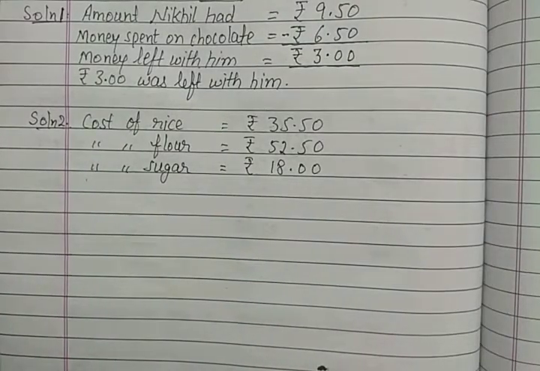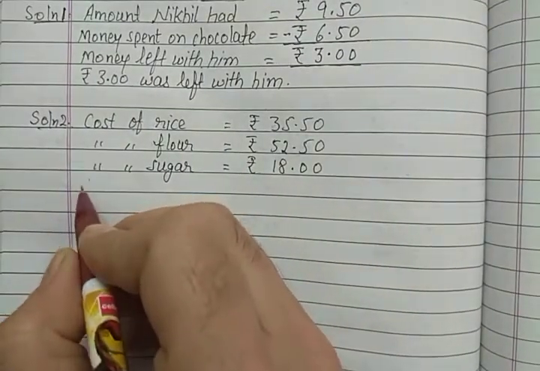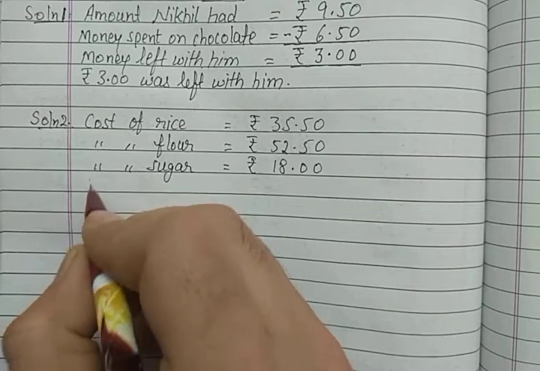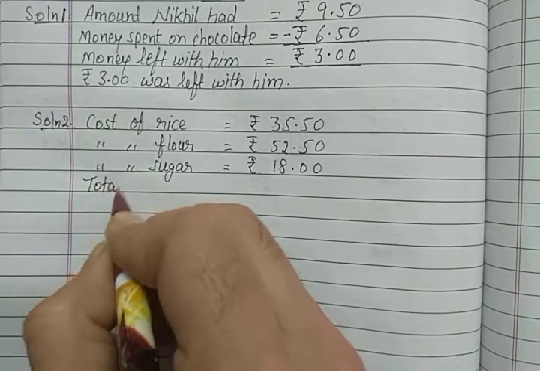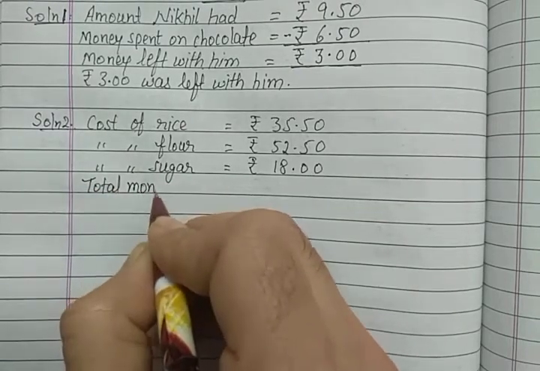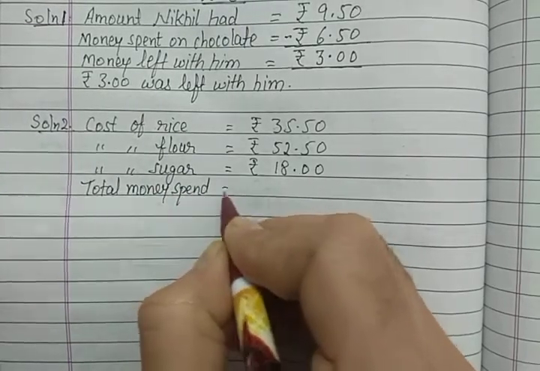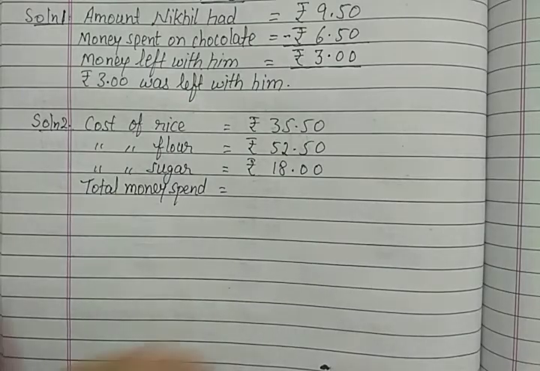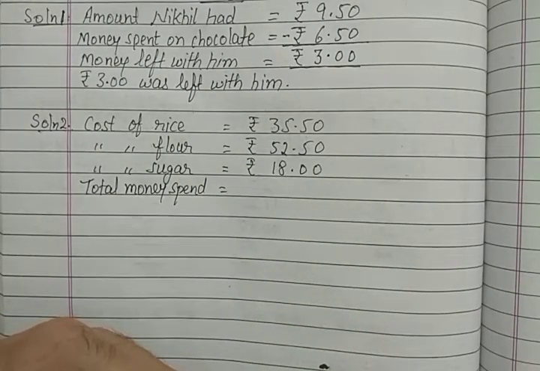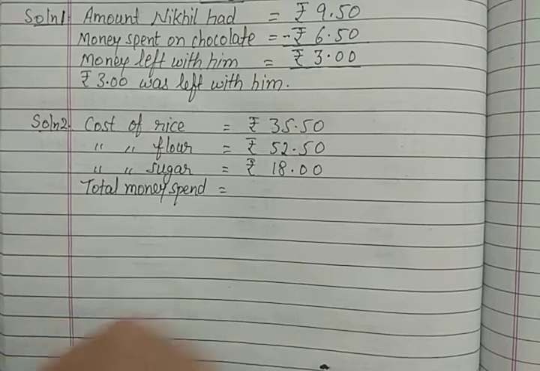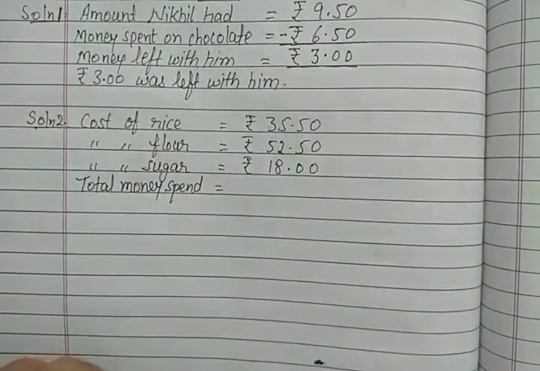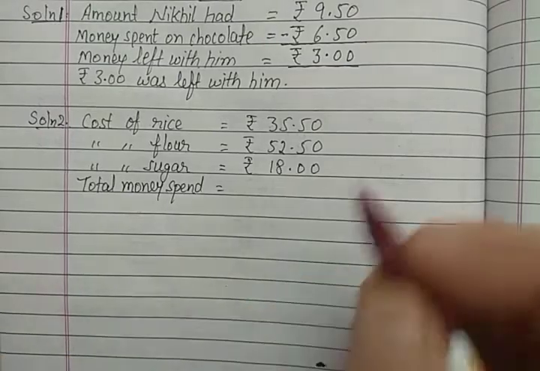Now what we have to find out? We have to find out the total money spent. So we will write total money spent. Now you can also write money spent in all, or total money spent. So I have already told you that you can write in your own words.